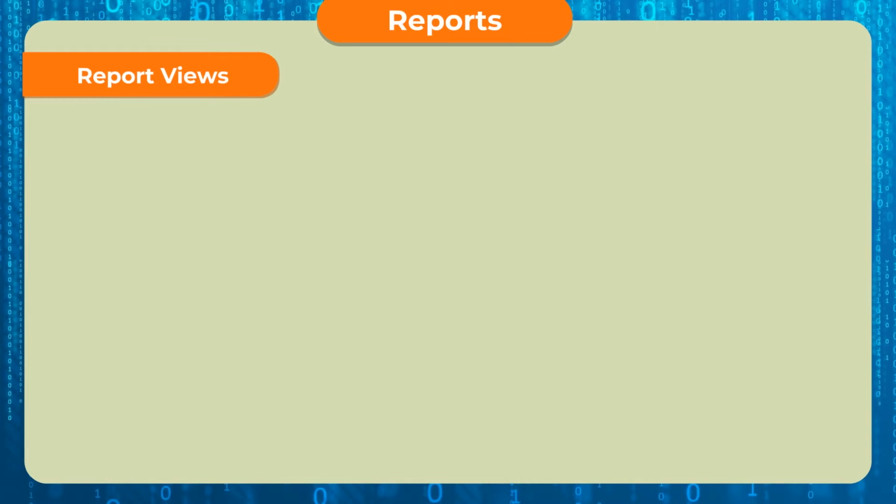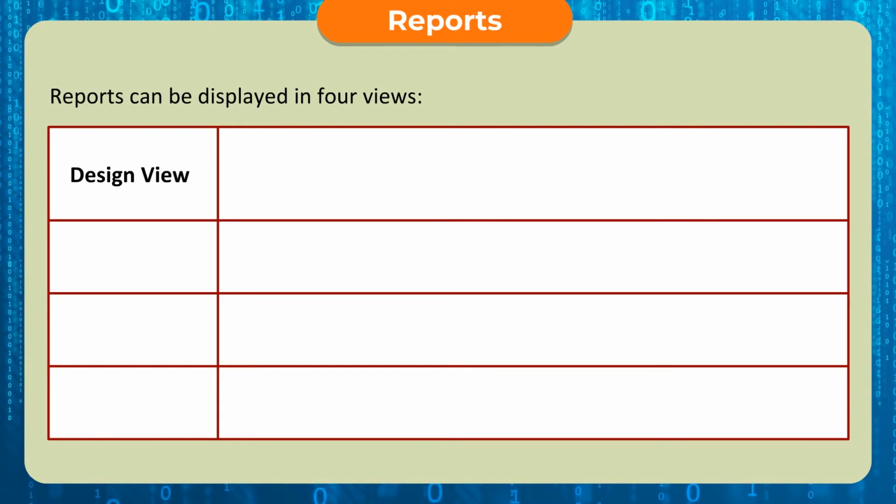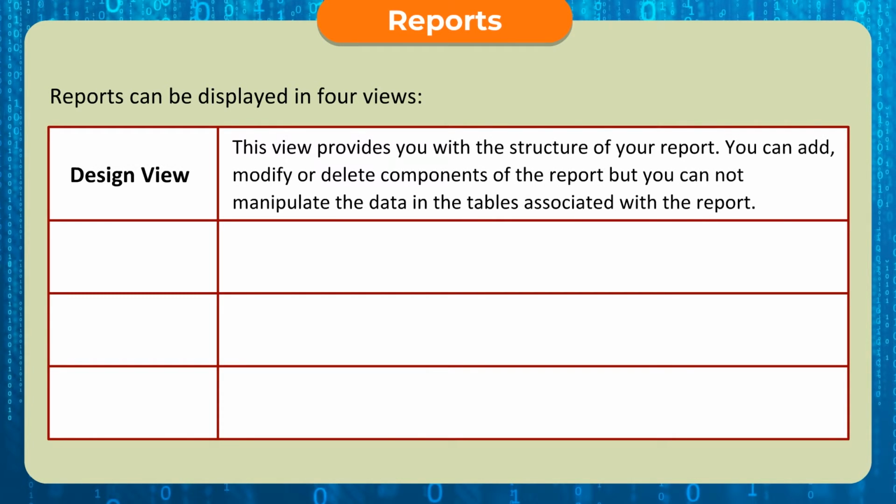Report Views. Reports can be displayed in 4 views. Design View. This view provides you with the structure of your report. You can add, modify, or delete components of the report, but you cannot manipulate the data in the tables associated with the report. Report View.